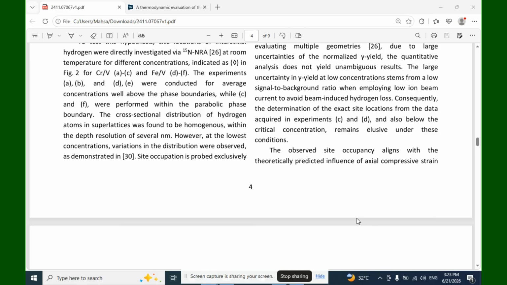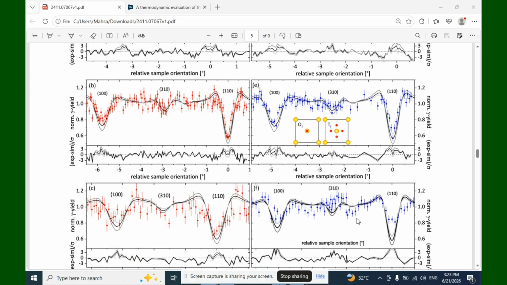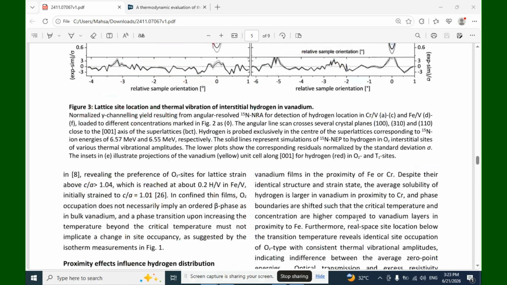The observed site occupancy aligns with the theoretically predicted influence of axial compressive strain in reference 8, revealing the preference of the oxygen sites for lattice strain above c/a greater than 1.04, which is reached at about 0.2 hydrogen per vanadium in Fe-V, while the initial strain is c/a equal to 1.01.